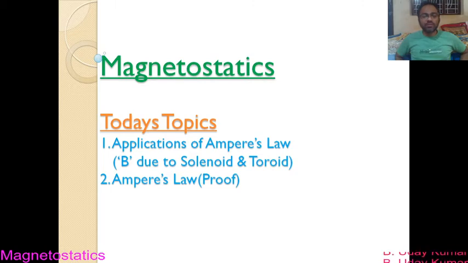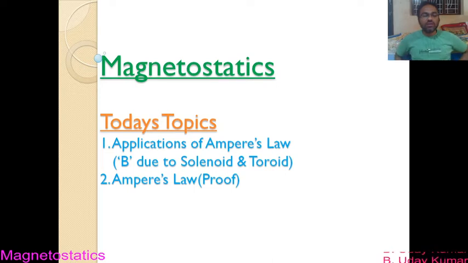In applications of Ampere's law, we derived the expression for magnetic field induction due to a straight current carrying conductor, and in today's video we try to determine the magnetic field induction that arises due to a solenoid and a toroid, and after that we also try to prove Ampere's law, which we haven't done.